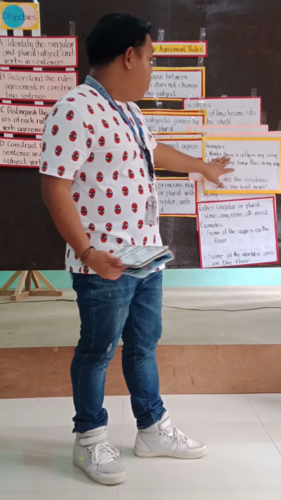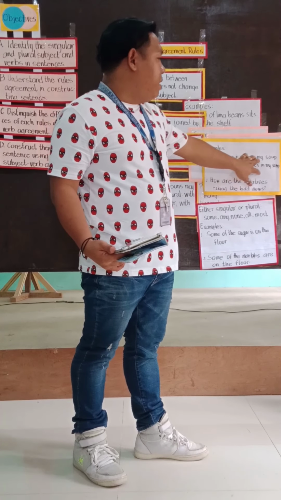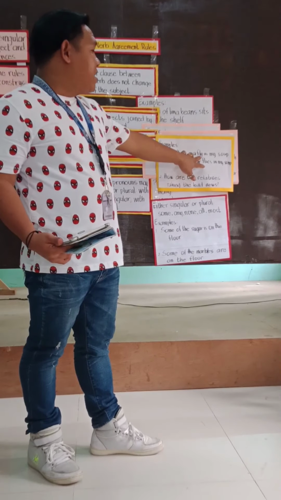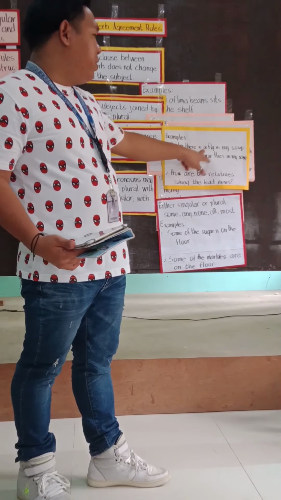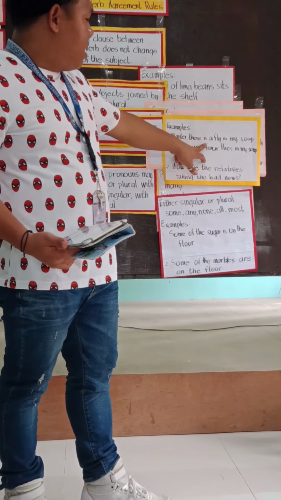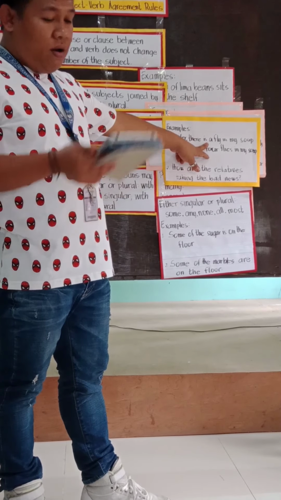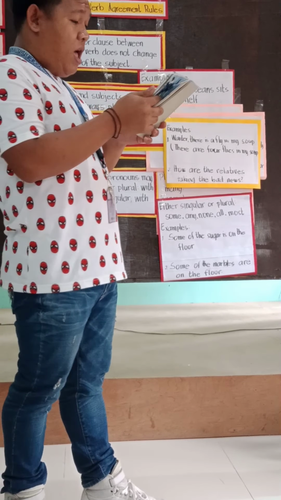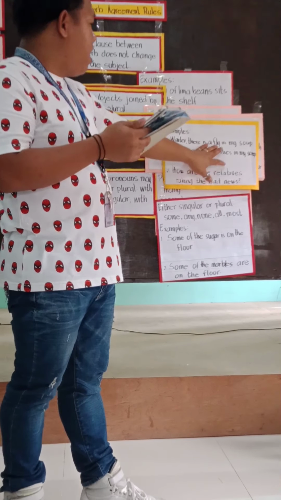Example: waiter, there is a fly in my soup. The verb and the subject are interchanged. They are inverted. Therefore, in the first sentence, the verb is singular and the subject is also singular.